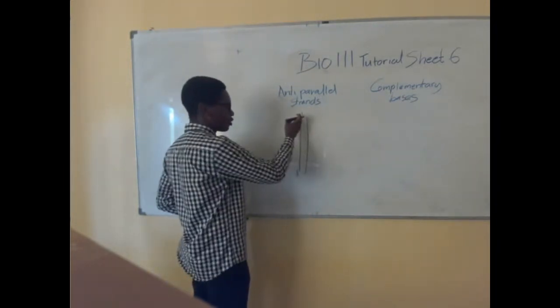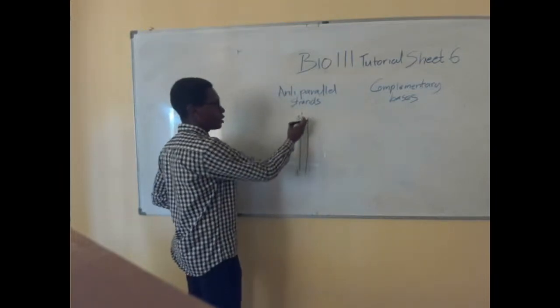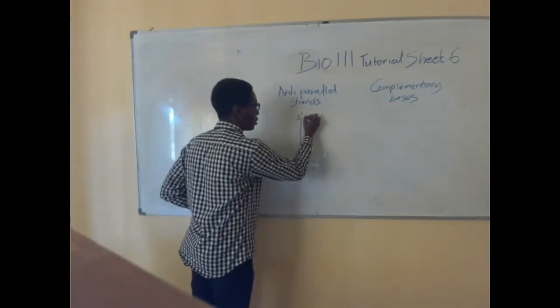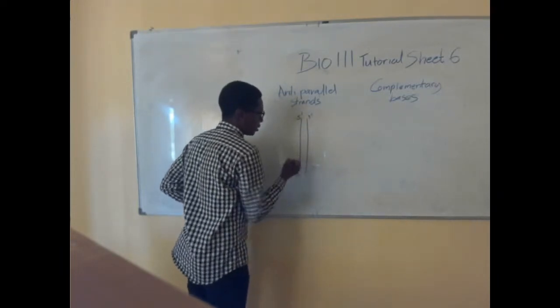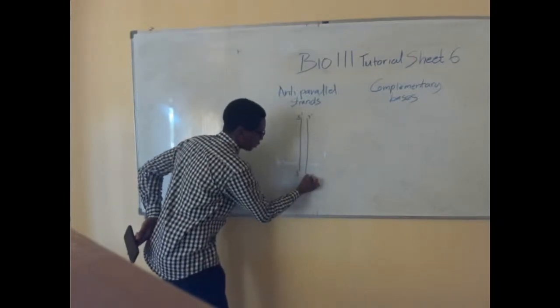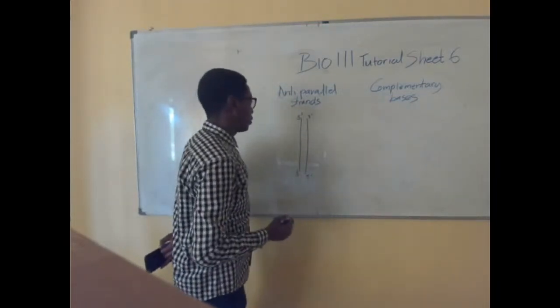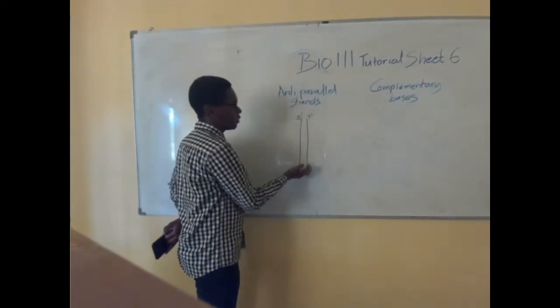For the other strand, this end will be the 3' end and this end will be the 5' end, because they are parallel to each other but inverted.